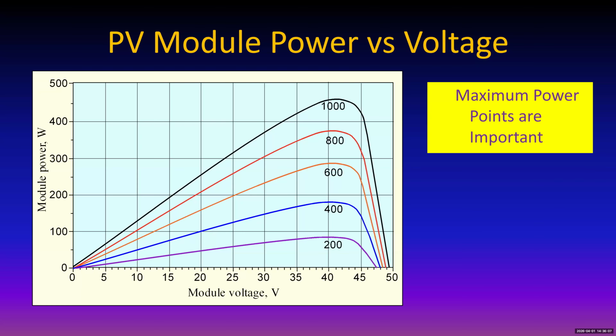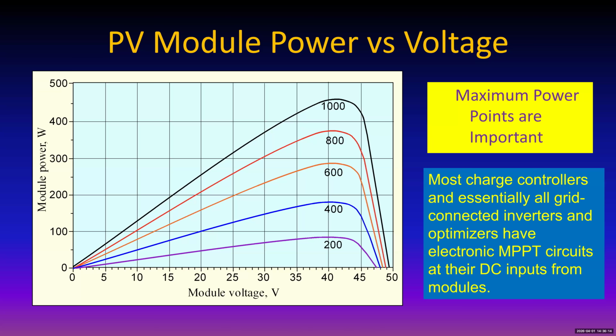So these maximum power points are important, and there are things called maximum power point trackers. They're electronic devices, and pretty much everything that you connect a module to is going to have a maximum power point circuit in it. These trackers use a little power themselves, but most of them are about 99% efficient.